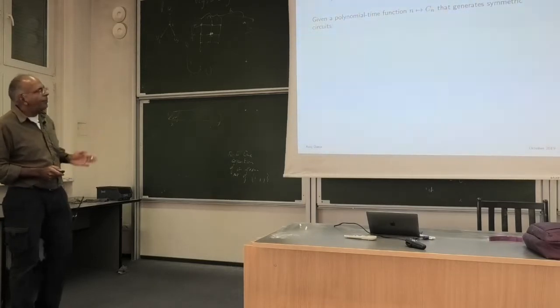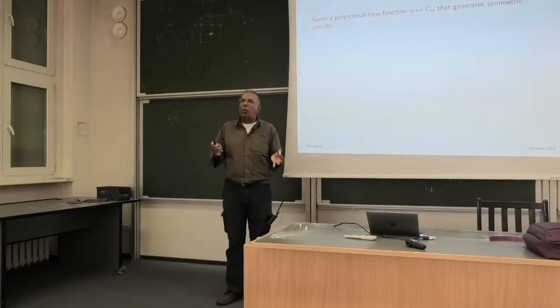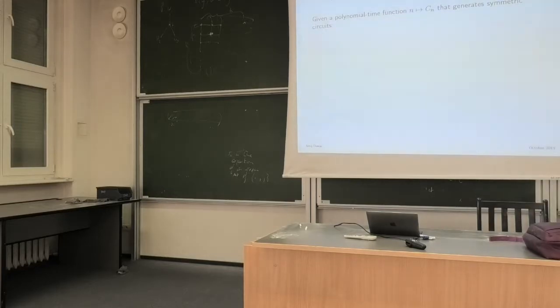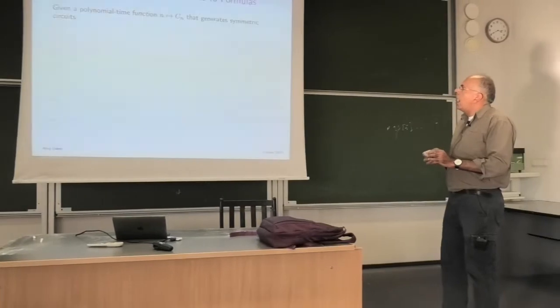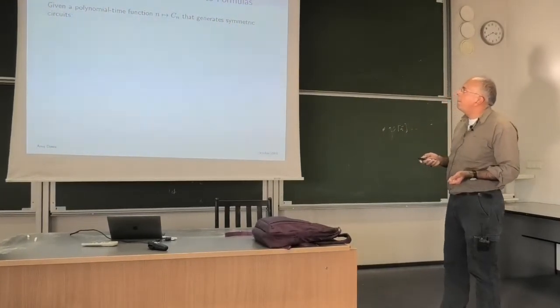So now, what have we proved? We've proved that everything in a polynomial size circuit has small support. How does this allow us to translate these circuits back into formulas?